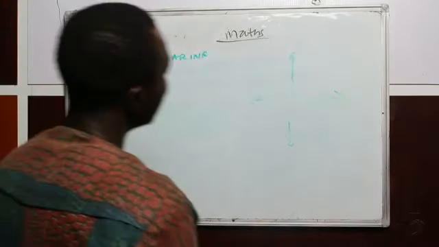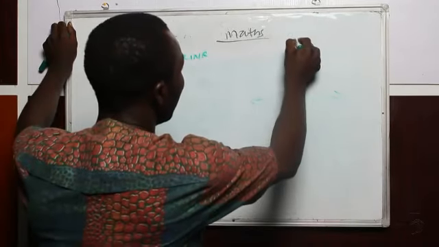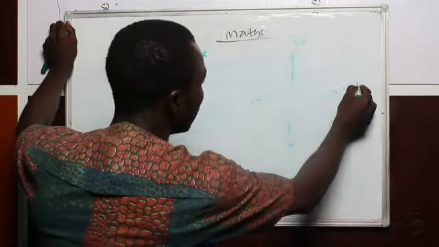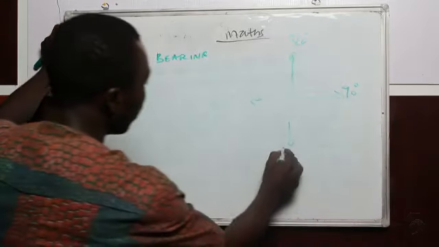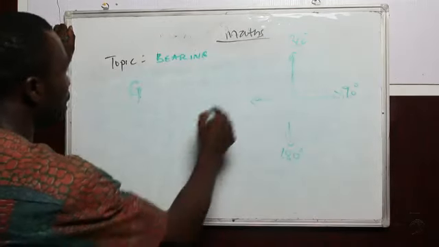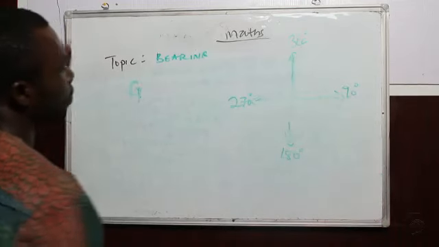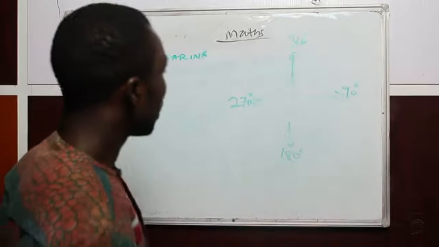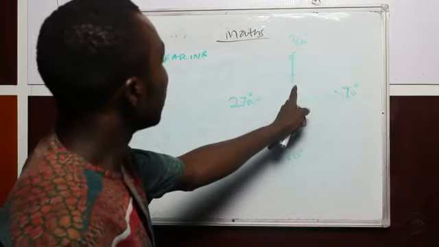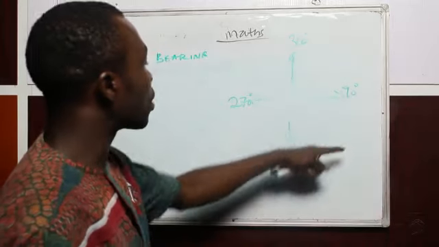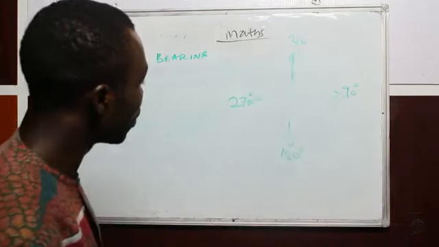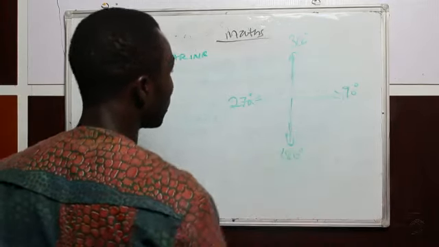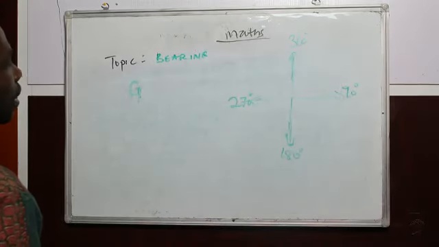Now, the angle here is 360 degrees, the angle here is 90 degrees, here is 180 degrees, and here is 270 degrees. Any angle greater than 180 degrees is called a reflex angle. Any angle greater than 90 degrees falls between 90 and 180 degrees.